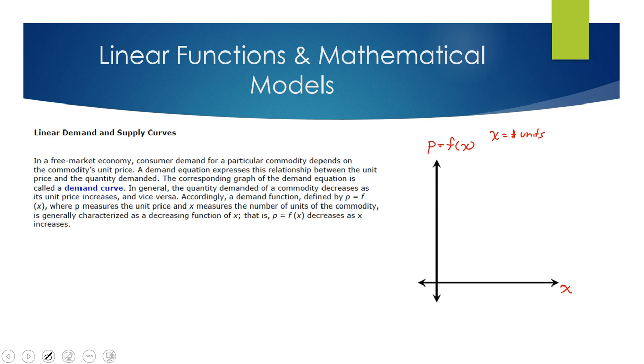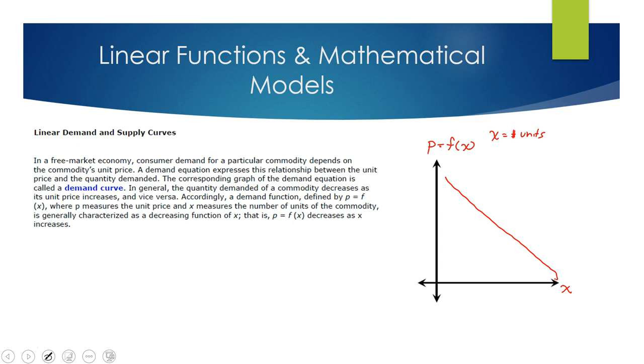The demand curve, if you think about it, well, if you have something really, really expensive, you're not going to have a very high demand because people aren't going to be able to afford it, only a few people. As you bring that price down, the demand increases. So that's why you would tend to see a demand curve look like this.